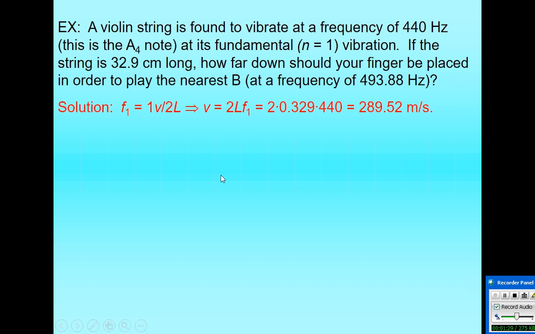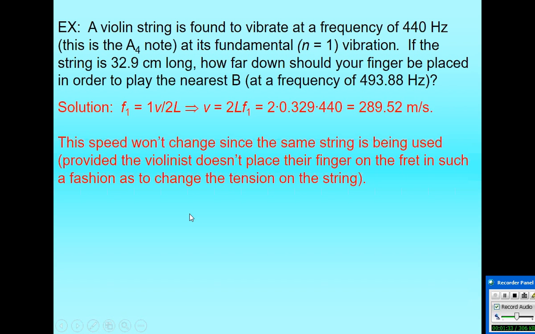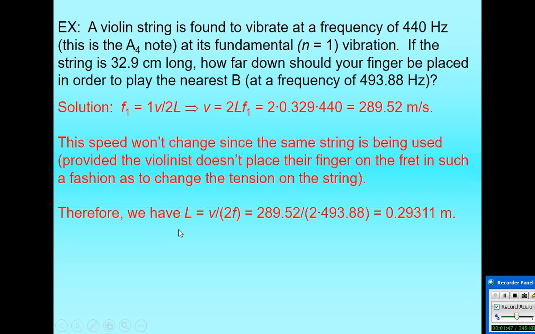V is the same. But now, if I want to play a frequency of 493.88 hertz, I'm going to place my finger on the string, I'm going to clamp down firmly, and what must be the length of the string, and then we can figure out where I need to place my finger. The length of the playable portion of the string is going to be equal to v over 2f.